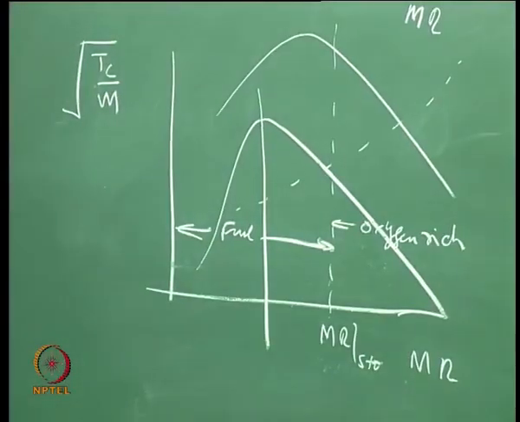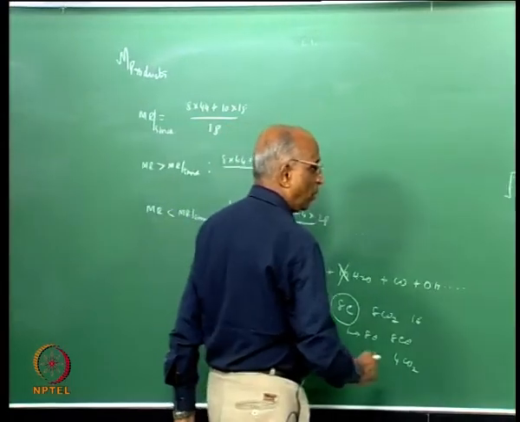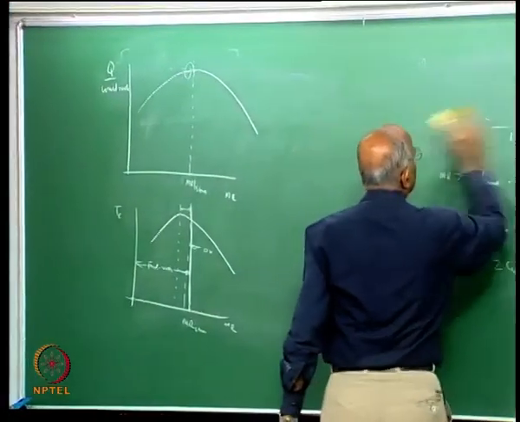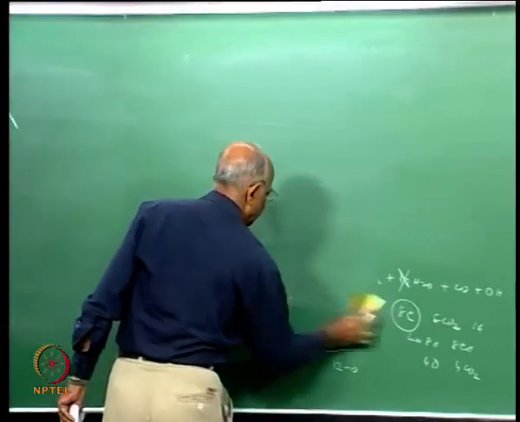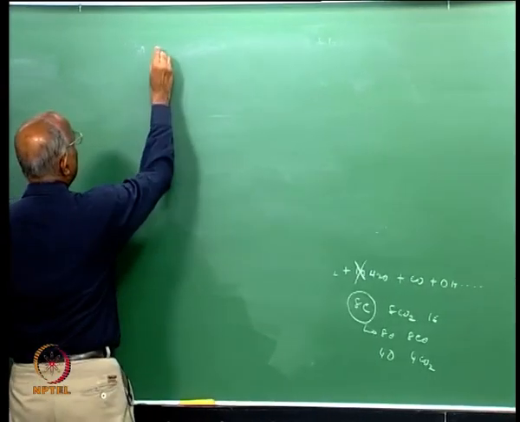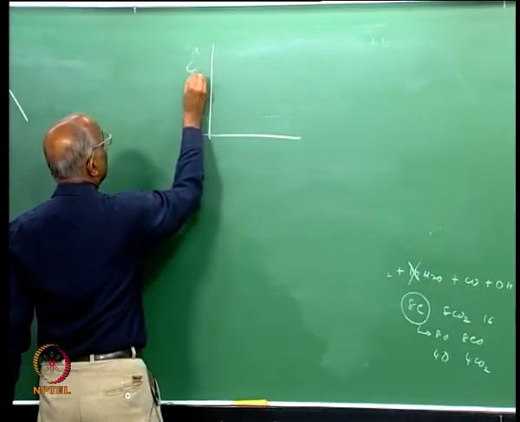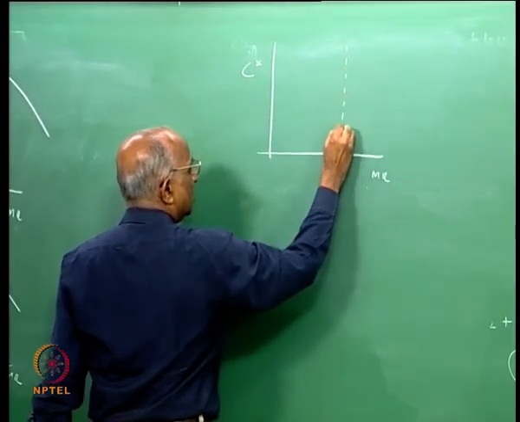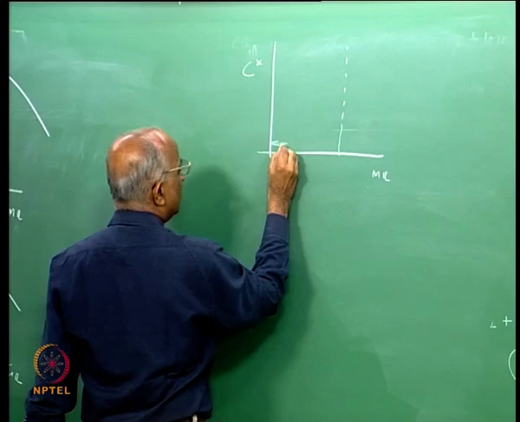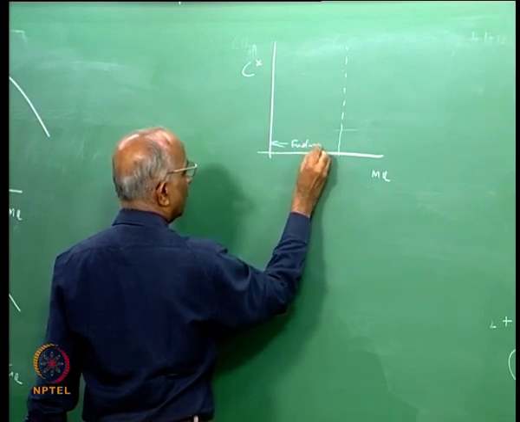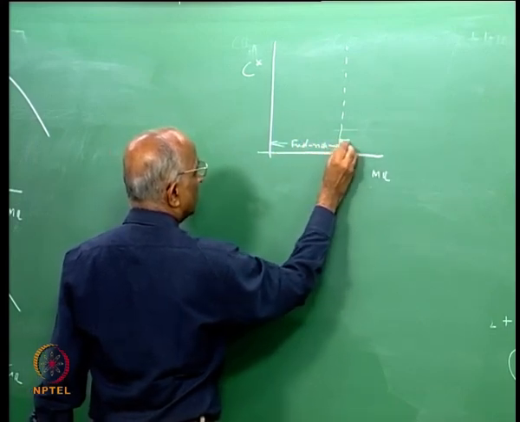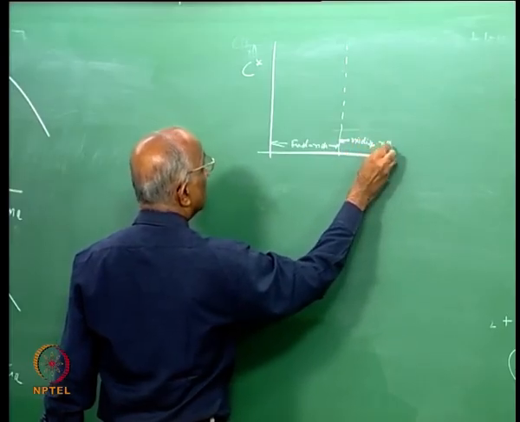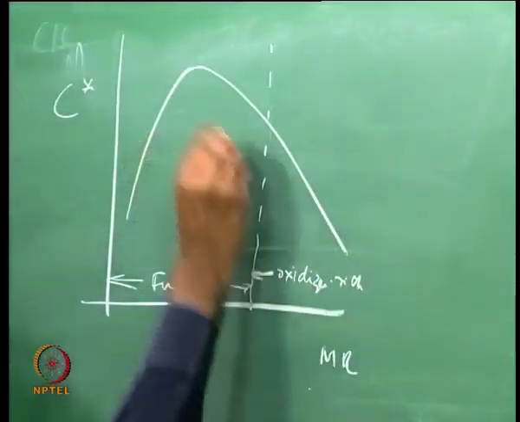Let me replot this figure, because this is something which is important. The value of C star plotted as a function of mixture ratio, with the stoichiometric mixture ratio, the fuel rich side and the oxidizer rich side, will be maximum on the fuel rich side.